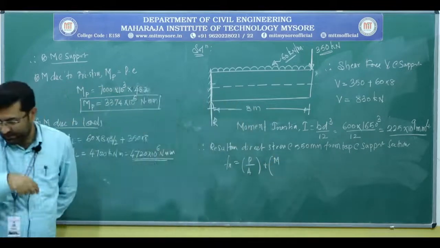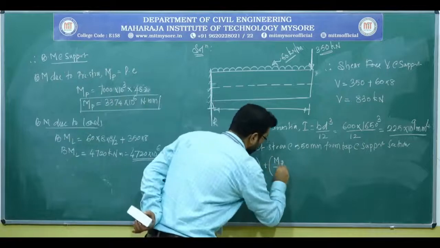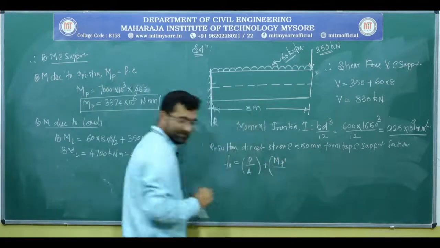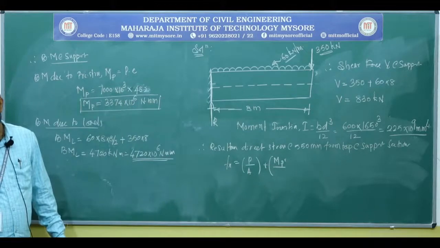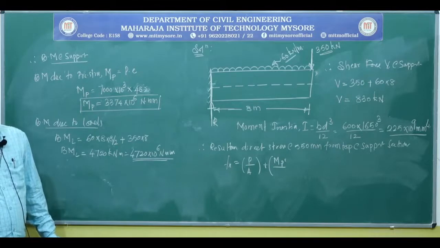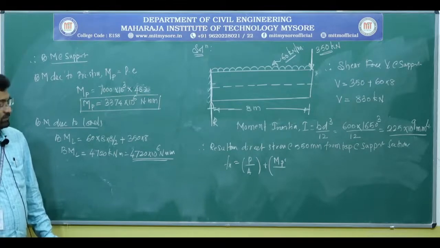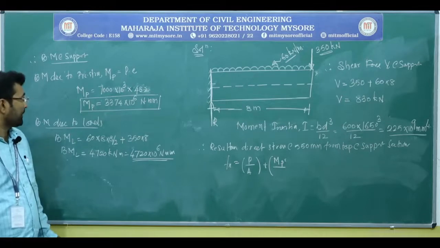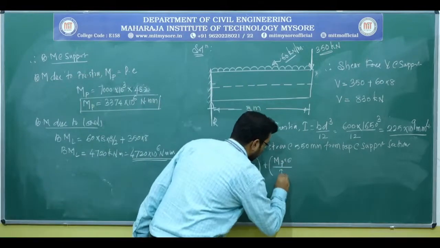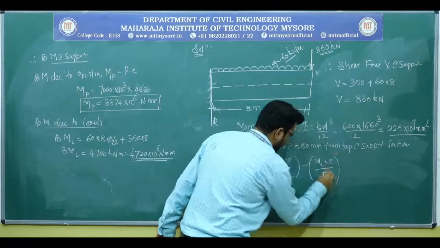Moment due to pre-stressing force, P by A, plus P into e by I, minus moment due to load, that is M into e by I. Okay.